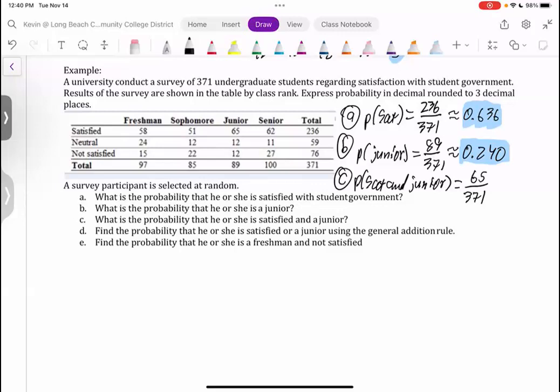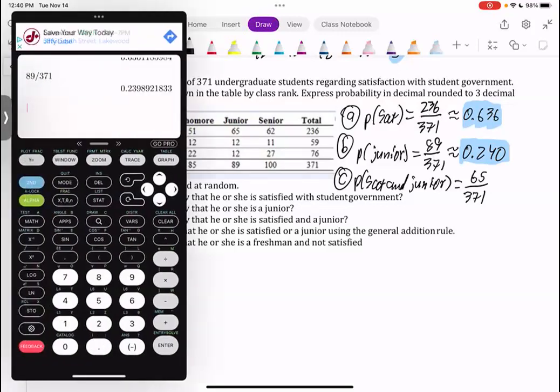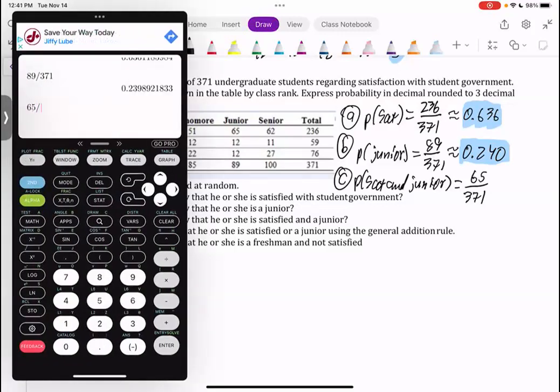Just to make sure you know where I'm getting my number from, the total number of satisfied juniors is right there, the 65. All right, so that's going to give us 65 divided by 371. .175 is what I'm getting.